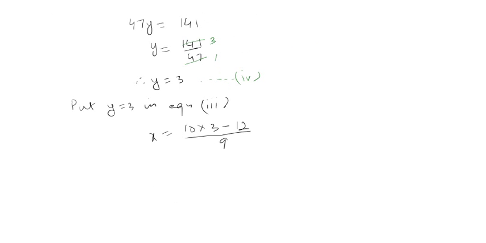So how much do we get here? 30 minus 12 upon 9. 30 minus 12 is 18, 18 by 9, so it is 2. Therefore the value of x is 2 and y is 3. So this is the answer for this question.